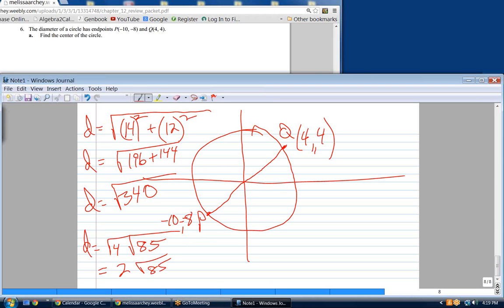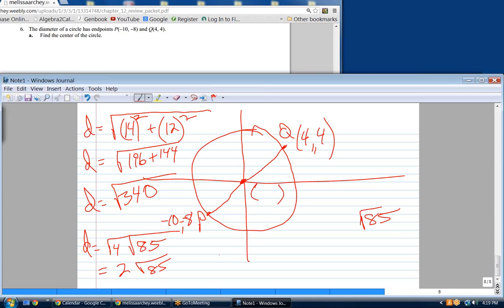So that's the diameter. What's the radius? Half of that, so it would be just the square root of 85. Root 85. And what's the coordinates of the center of this line?